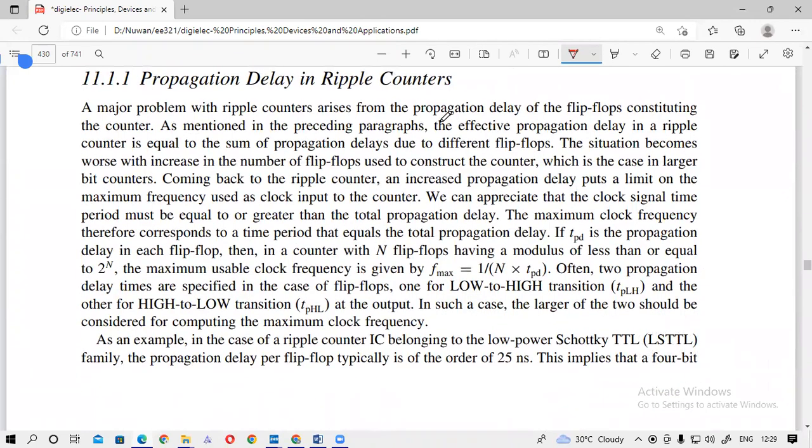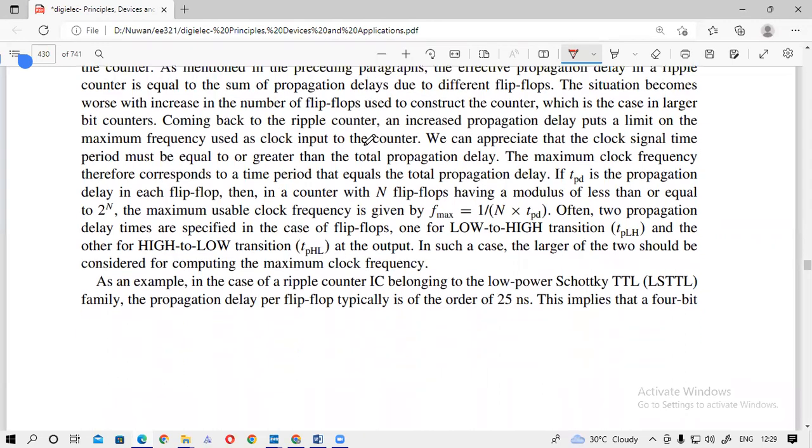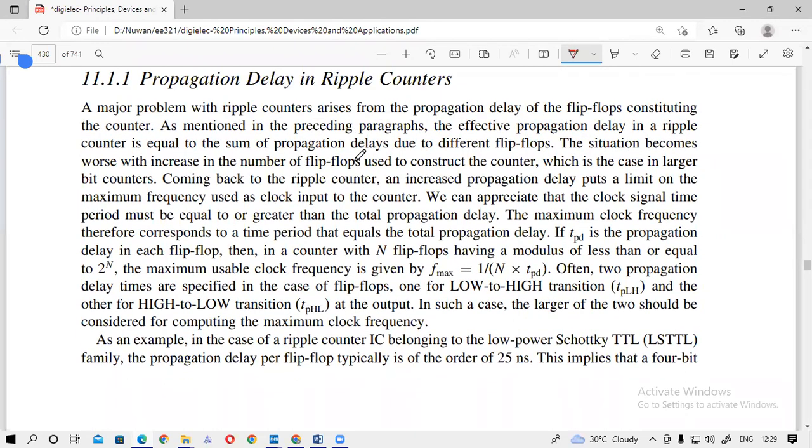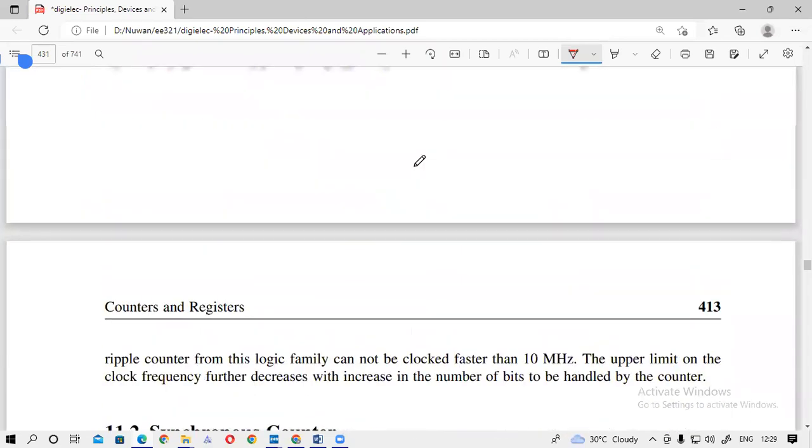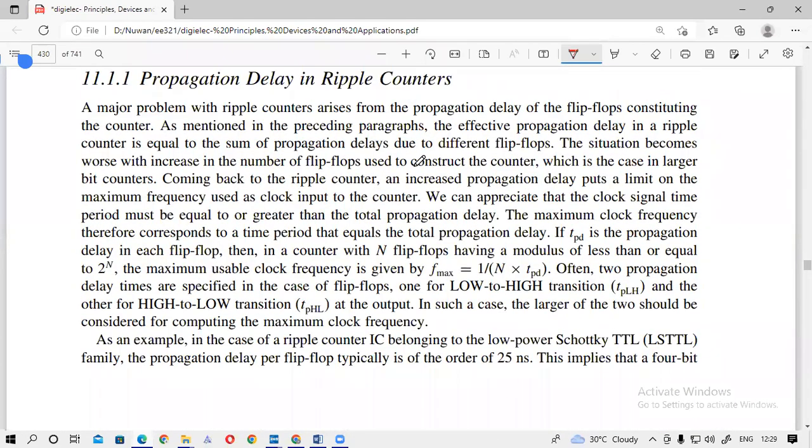You can see that there is a paragraph for propagation delay. I will give you some time. Can you read this paragraph and try to understand it by yourself? Please take time, because I need this understanding up to some level, not totally.